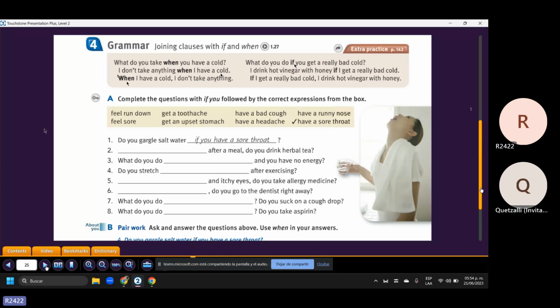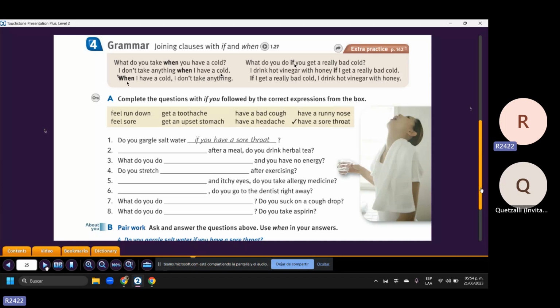Okay, so we usually use this to connect two ideas. For example, what do you take when you have a cold? So in this case, we are connecting two ideas. What do you take, and when you have a cold? The other that we have, I don't take anything when I have a cold.